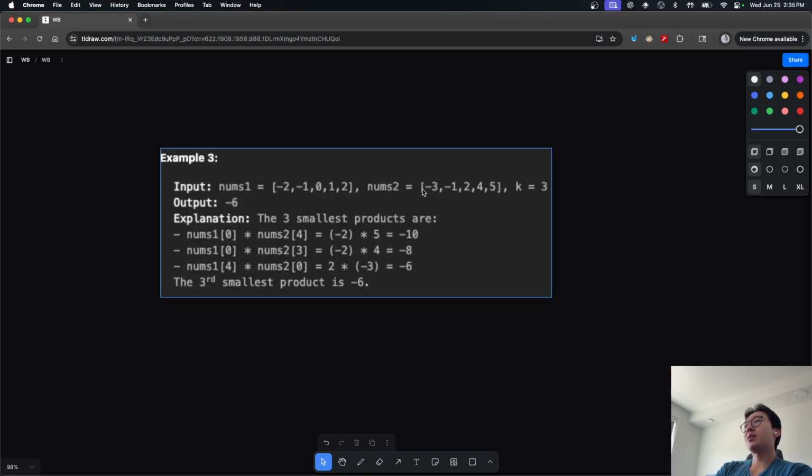And then we can't pop because at some point we still want to use the 5 on the right side, for example, to multiply maybe with 0, right?